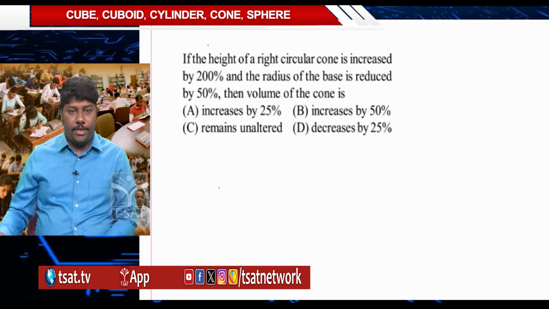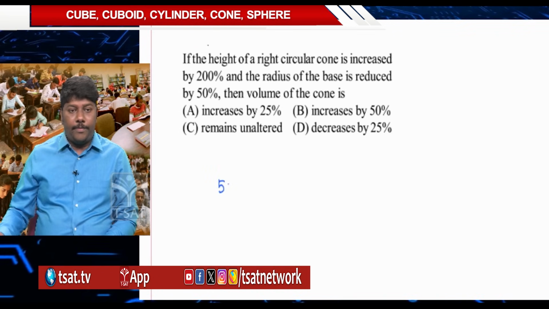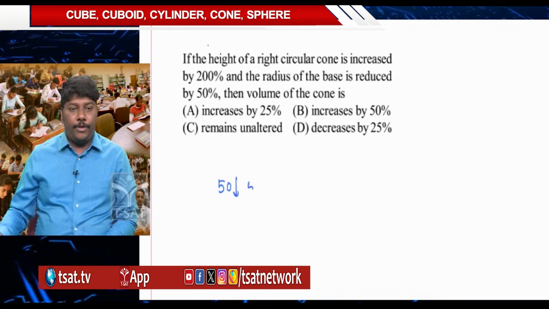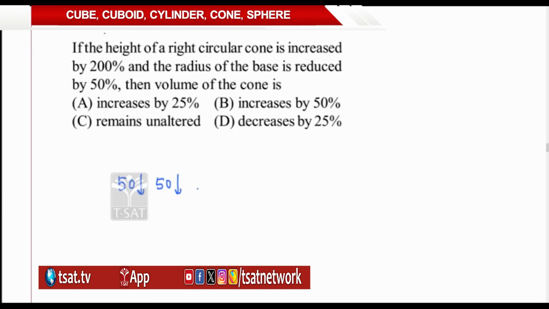So in terms of percentage, if you look at 50% decrease followed by 50% decrease followed by 200% increase. You can make use of the formulas. x decrease followed by x decrease is 2x minus x square by 100 is the formula. If you substitute 50 and 50 in that, 100 minus 25, 75% decrease followed by 200% increase.